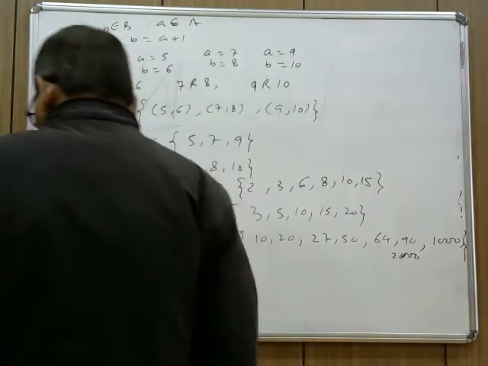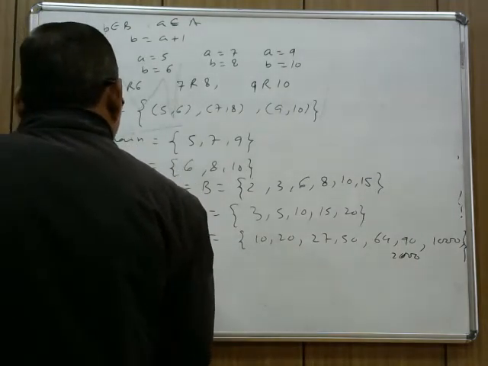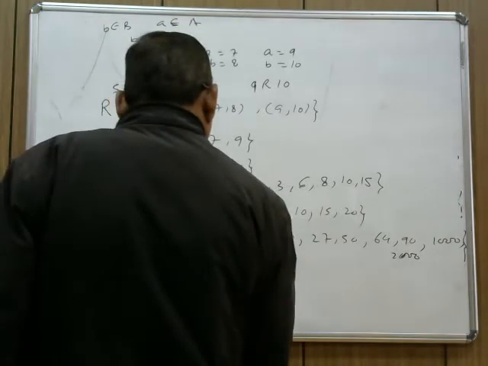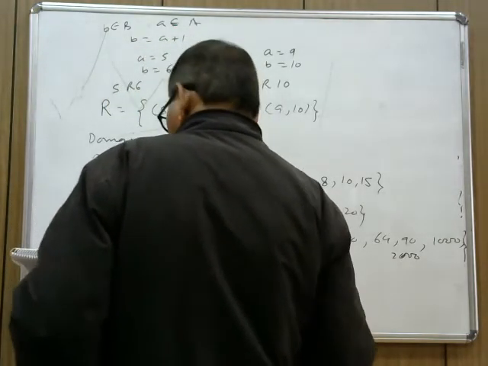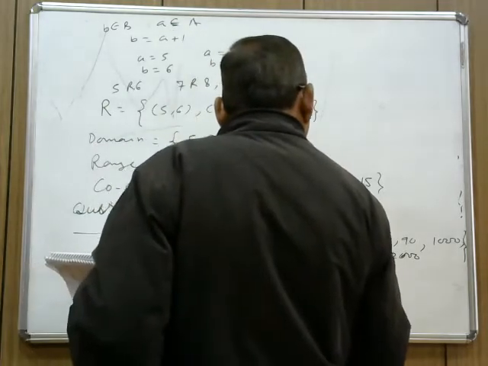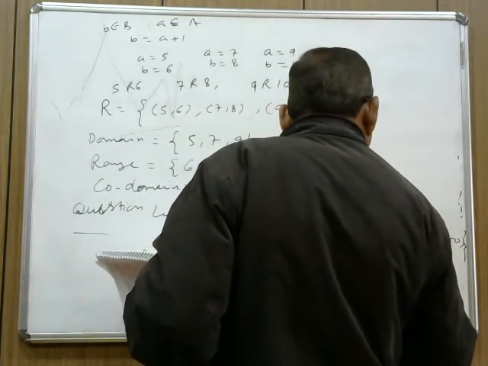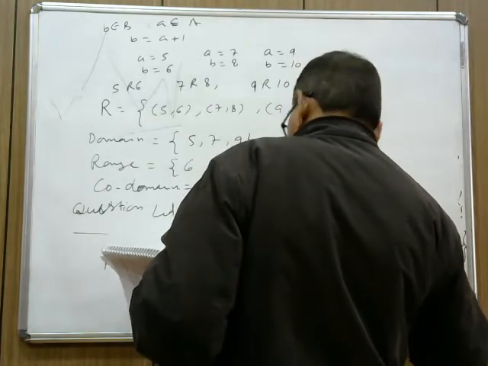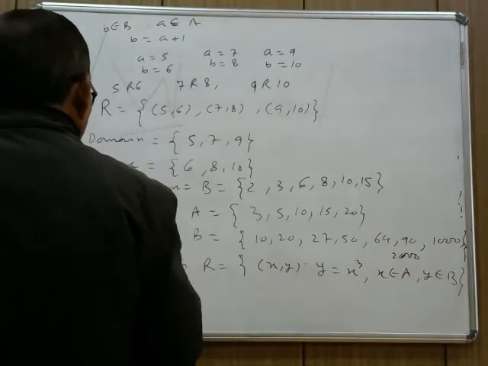These are the elements of B. A relation R is defined as R equals to the ordered pairs (x, y) such that y equals x cube, where x belongs to A, y belongs to B.